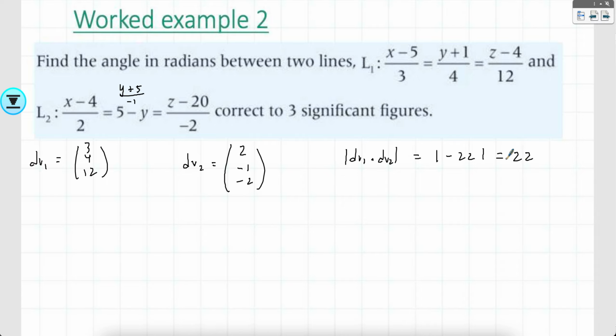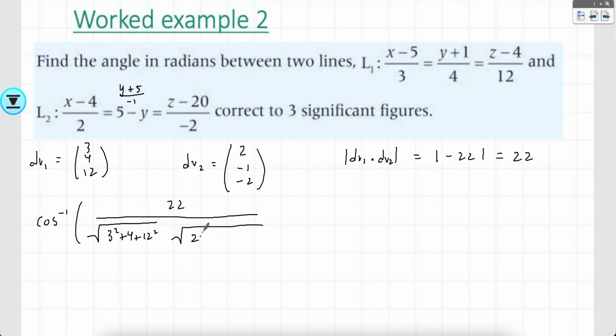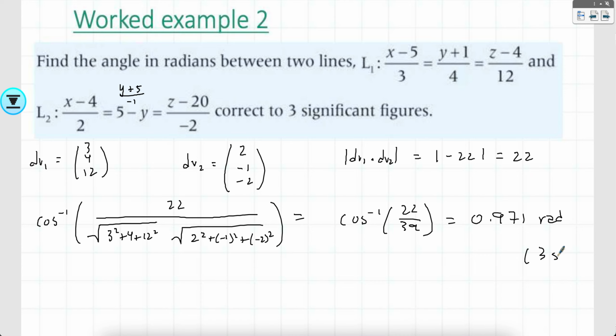And then writing out the formula, I have cos inverse of 22 in the numerator, and then I need to take the magnitude of each one. And just plugging this into the calculator simplifies to this, which gives me 0.971 radians, and that's the 3 significant figures.